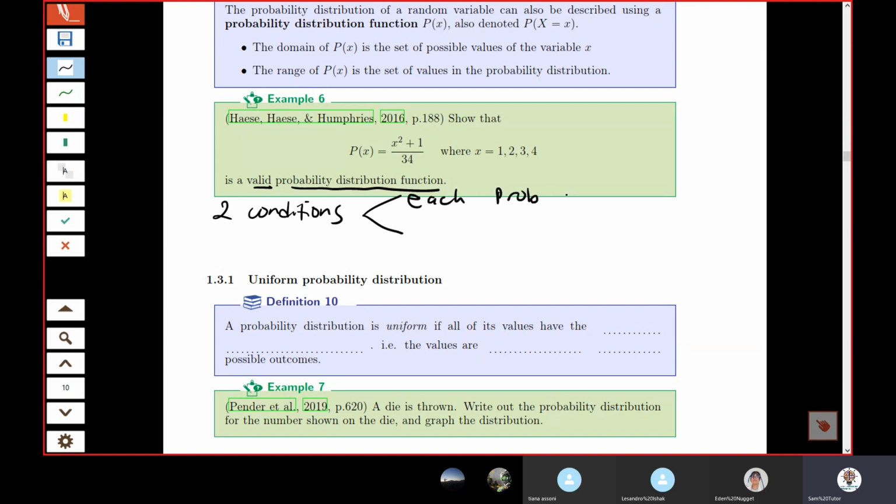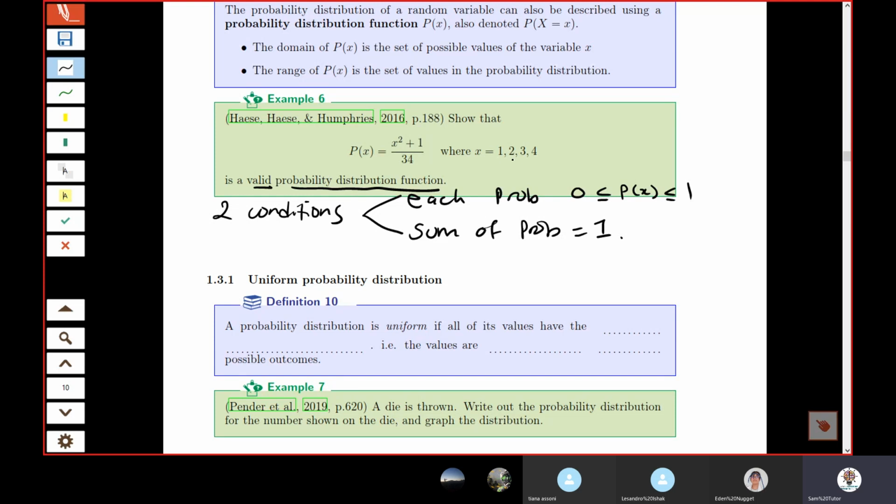Each probability must be between 0 and 1, and the entire total has to equal 1. Which is logical, right?